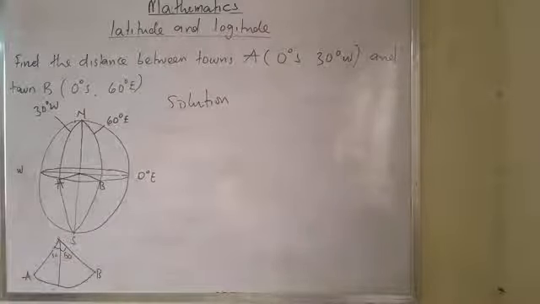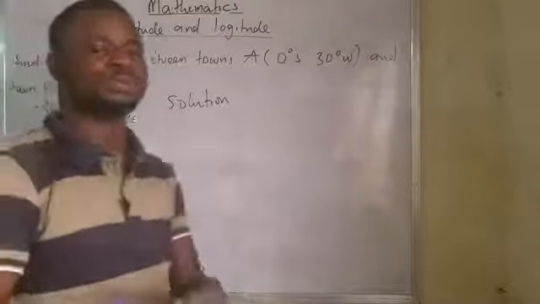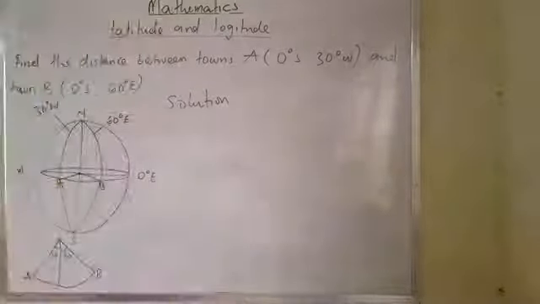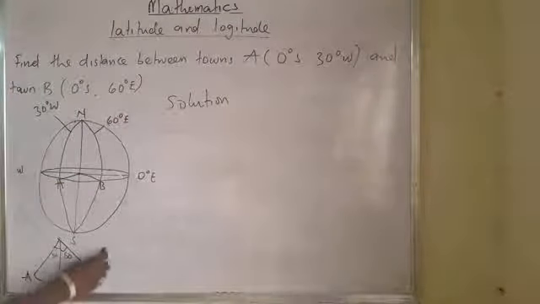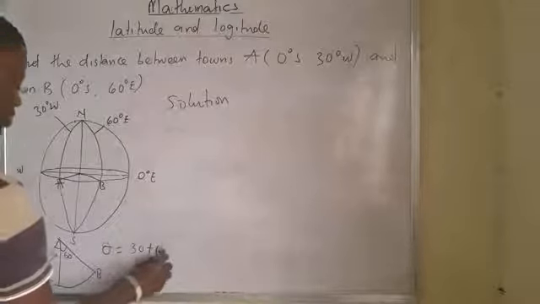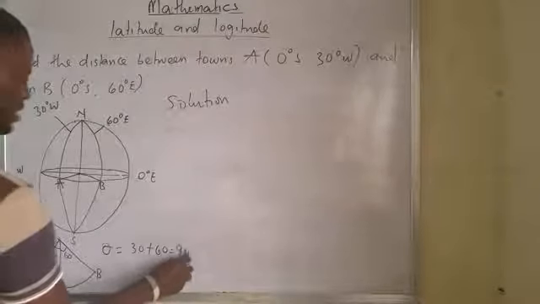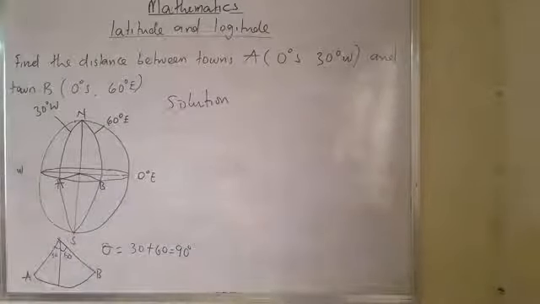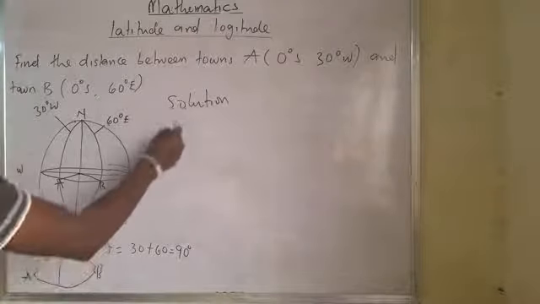Now, I've explained in my previous video that when we are on the same location, you will subtract, but different locations you will add. It means my theta will be equal to 30 plus 60, which is equal to 90 degrees. Now, the next thing I will do, I will now come to the distance.